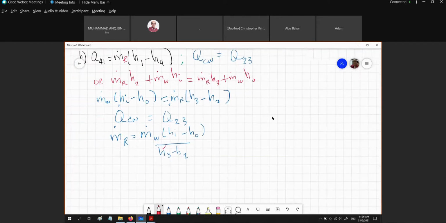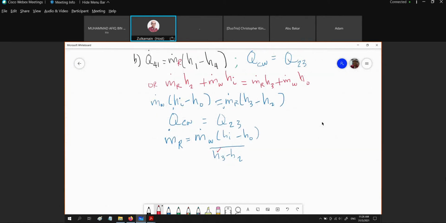This is our compressor. This is state 1, this is state 2, this is the work input to the compressor, W12. And remember, we have the heat gain, Q dot gain.